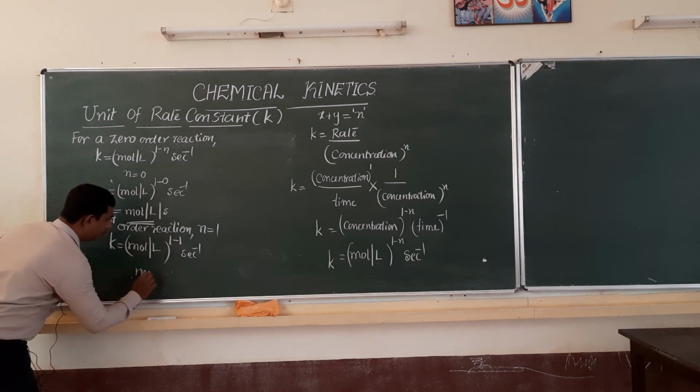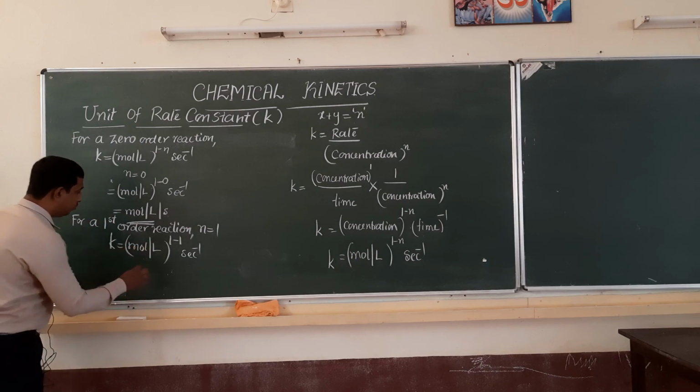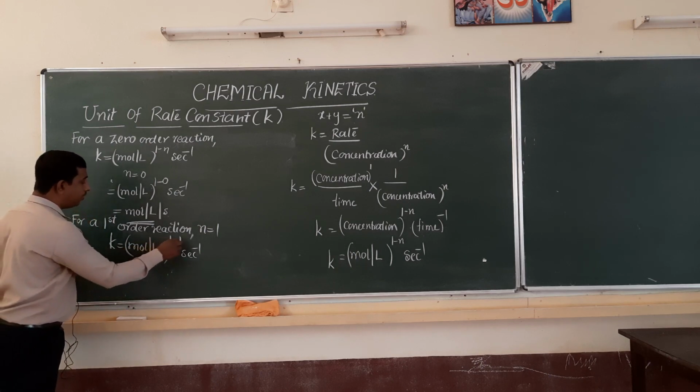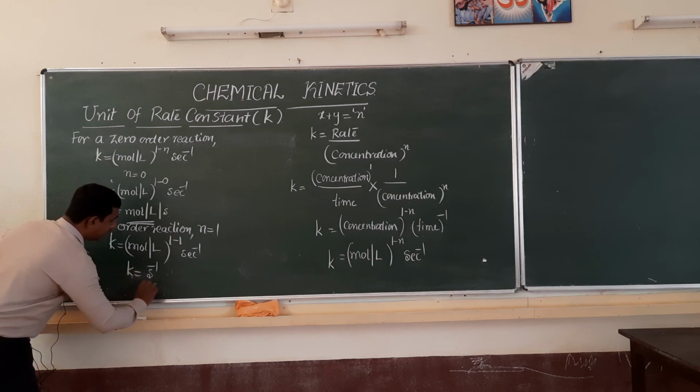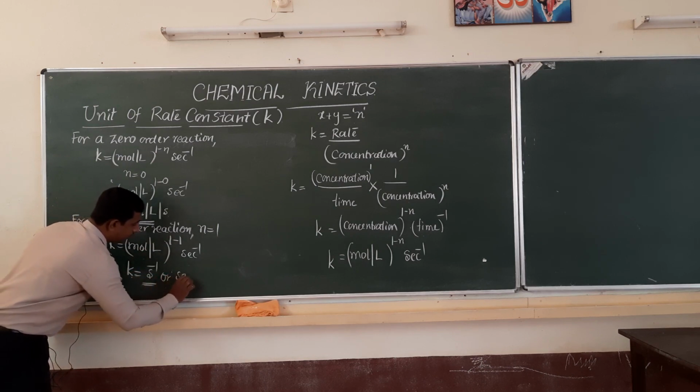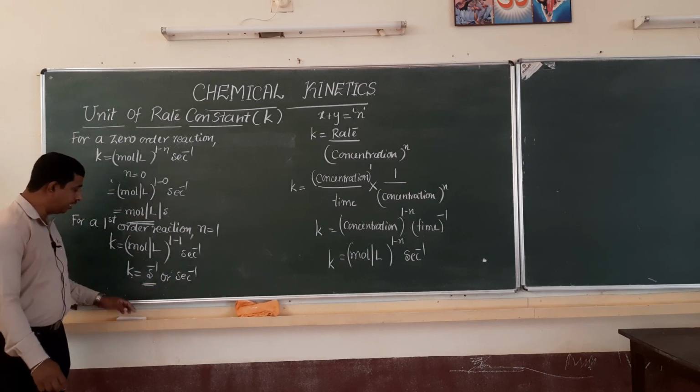So mole per liter power 0 means 1. So K is equal to second inverse. The unit of rate constant for a first order reaction is second inverse.